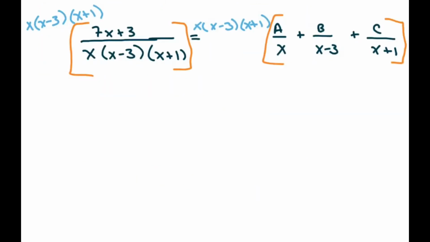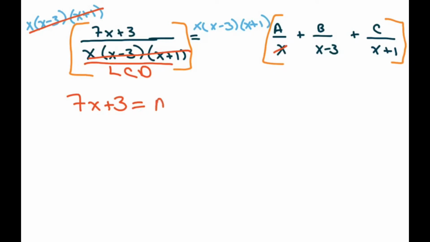So to get started, what we want to do first is clear the fractions by multiplying by your least common denominator, which is always right here. So you cross those out and you multiply both sides of the equation. On this side, the x crosses out, so you get A, and what's left is x minus 3 times x plus 1.